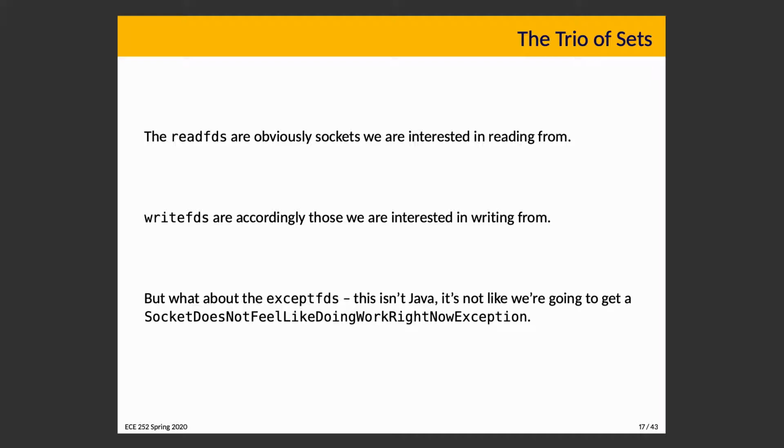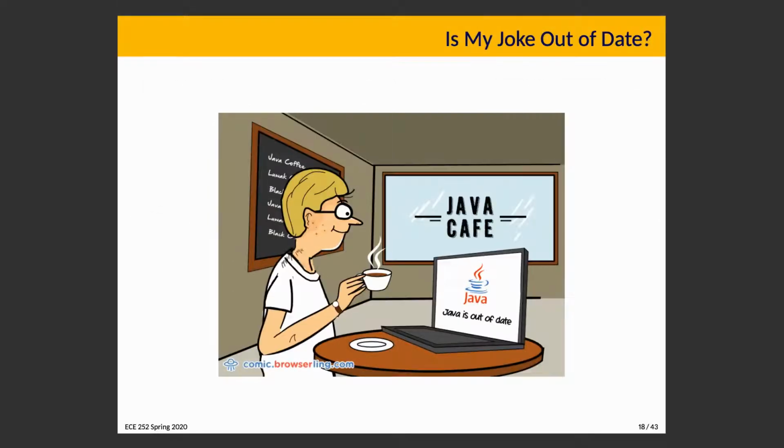And except FDs, like I said before, this isn't Java, so it's not 'socket does not feel like doing work right now' exception. No. Exceptions are more things like, is there out-of-band data on a TCP socket or anything like that? We didn't cover that earlier when we talked about network communication, and truthfully, we're not going to cover it now.